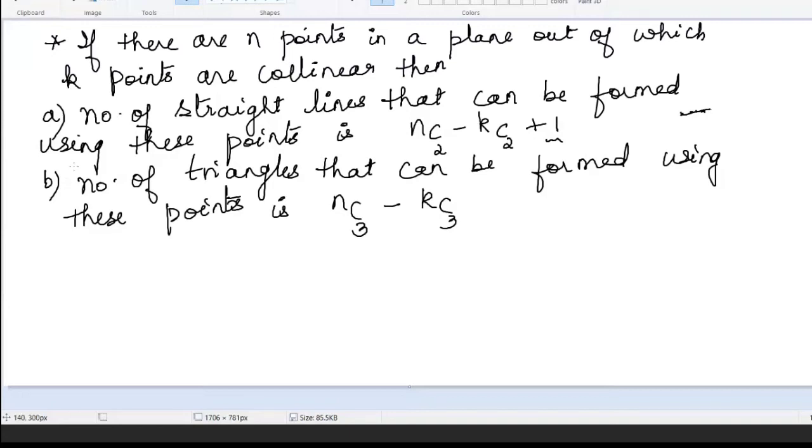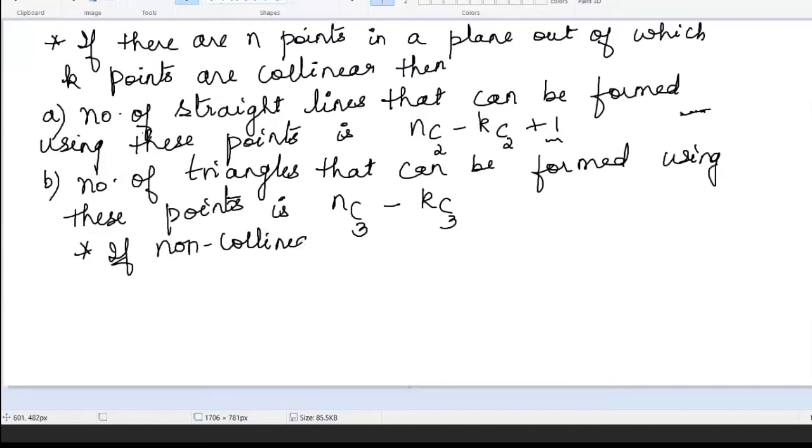Now coming to the C question. This is about n points where k points are collinear. If the word non-collinear is there, then the collinear condition is not there, and k will be 0. Non-collinear means they are not on a straight line.